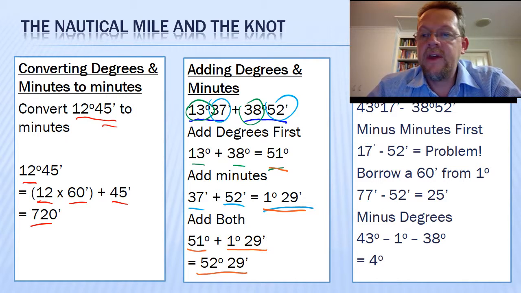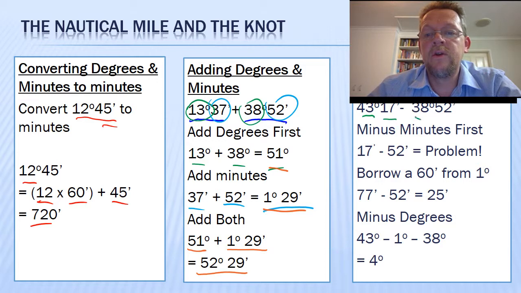If I want to have a look at the final one, subtracting degrees and minutes. Now I can say for example, 43 degrees, 17 minutes minus 38 degrees and 52 minutes. We're going to minus minutes first. So we're going to say, what is 17 take 52? Now, we all know that's a bit of a problem.